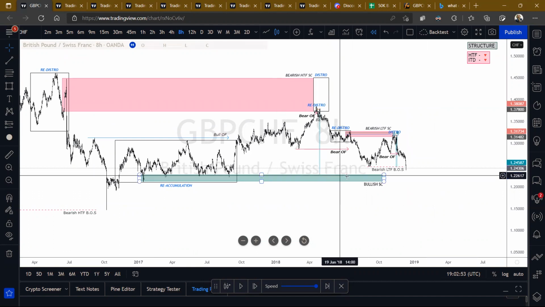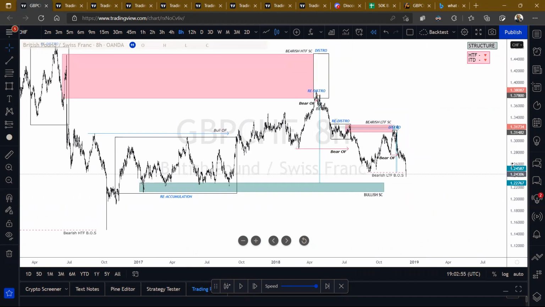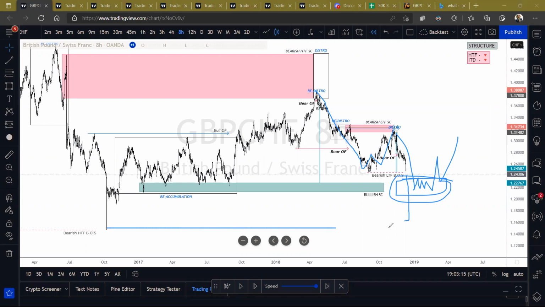I don't have a limit, I don't have anything set in this area here, simply because we can see, look at the drop, price tries to climb up, look at the drop. Unless we get a nice accumulation in here, this is not something that I'm willing to take, because I do think price can just go down and cause a new higher time frame low.